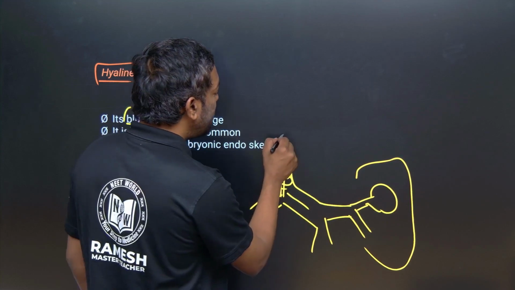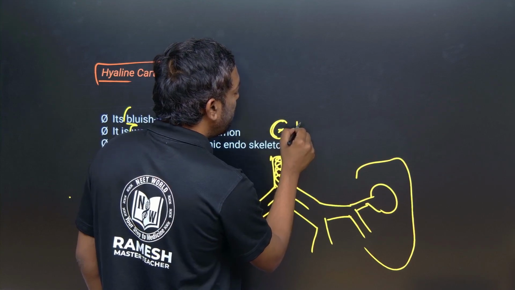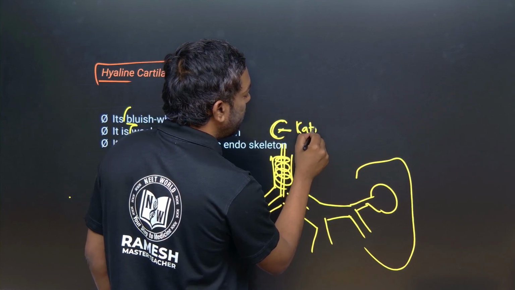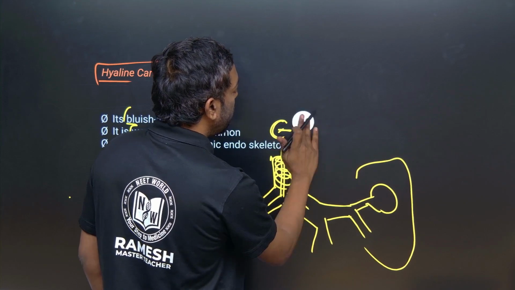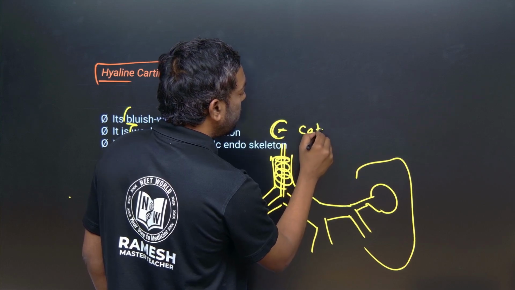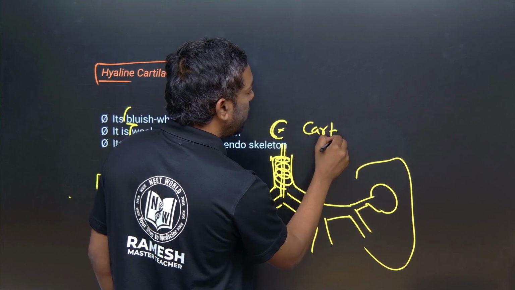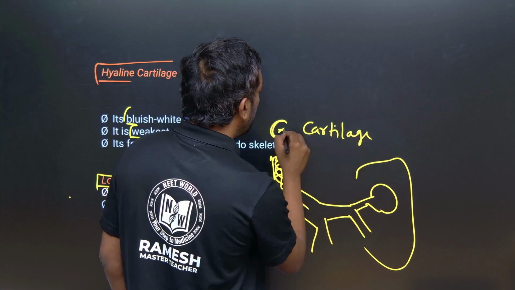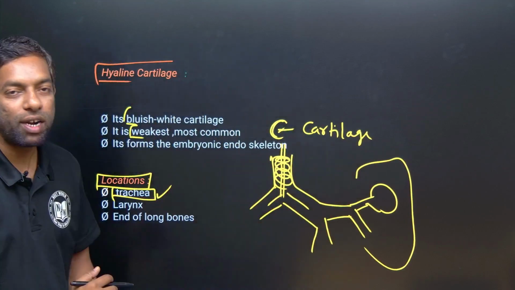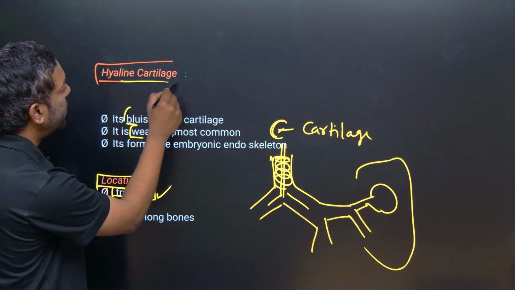This is called C-type cartilage. The C-type cartilage located in the trachea is hyaline cartilage.